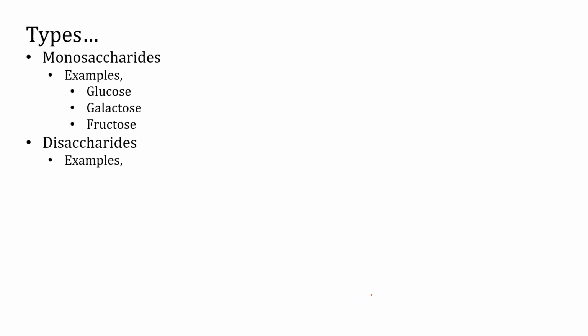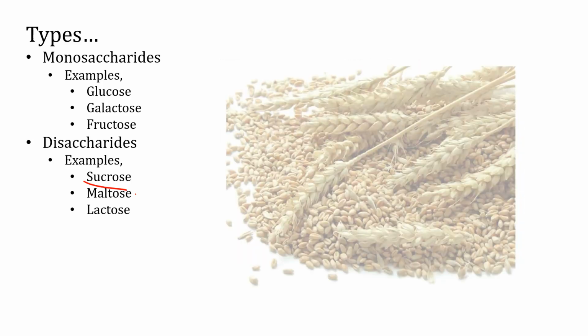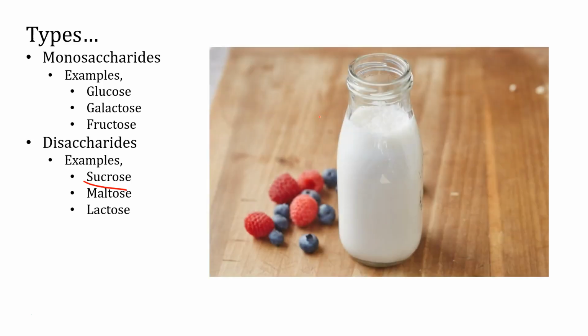All right, more examples of disaccharides. So we said sucrose is the one that we just mentioned. That's table sugar. Another type of disaccharide out there is maltose. That's the type of sugar that would be found in grains like wheat. And then lactose is another one. This is the type of sugar that's found in milk.